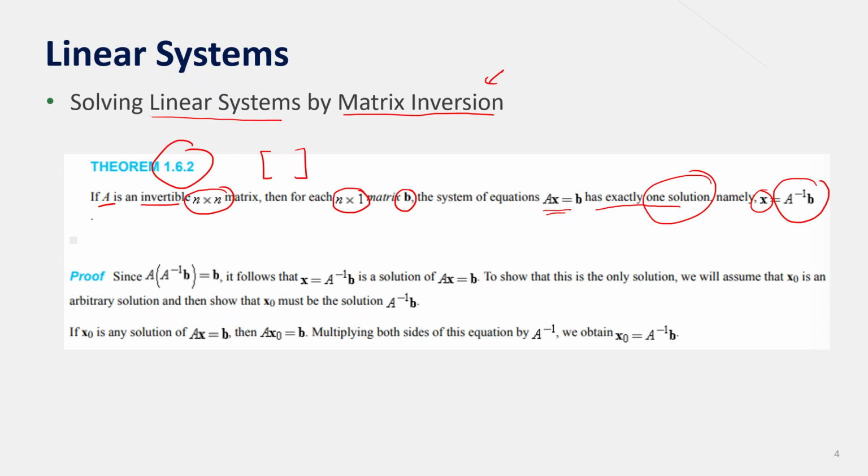So this proof shows that in order to solve a linear equation, you convert it to its matrix version, which consists of A, X, and B, and then in order to find the value of X, you can use this formula.